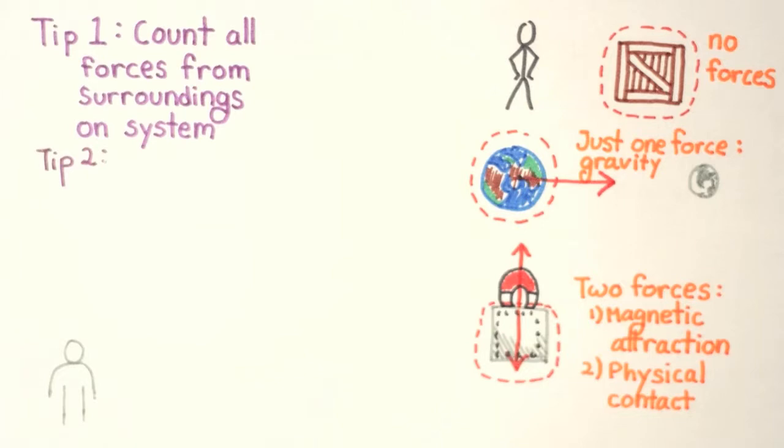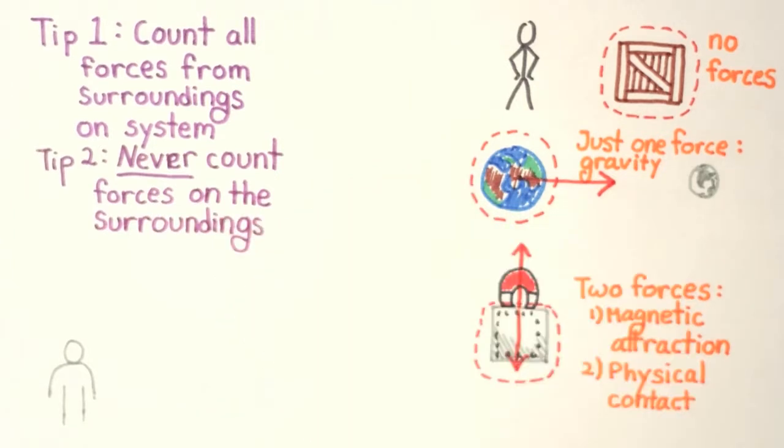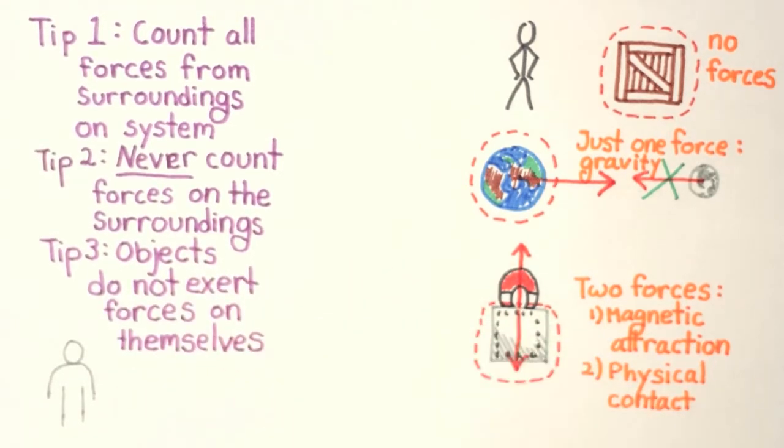While the system itself can exert forces on the surroundings, we never add these forces to find the net force on the system. We only include forces from the surroundings acting on the system. The system cannot exert a force on itself, so let's make sure we don't mistakenly include something like this when we're discussing the net force on the system.